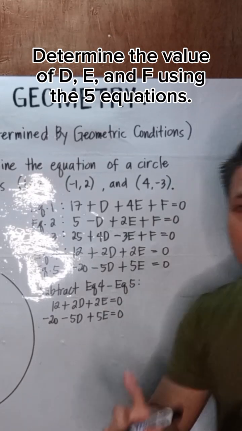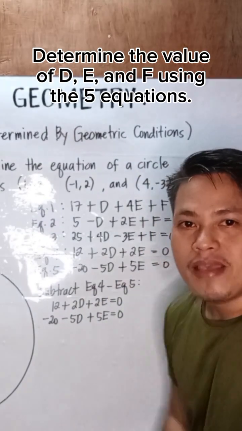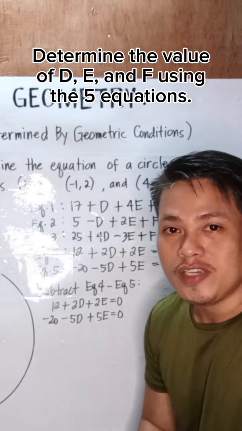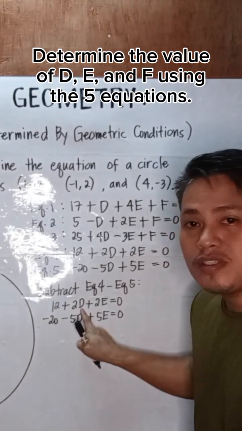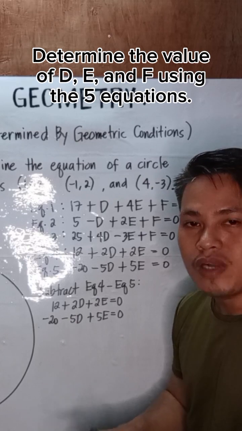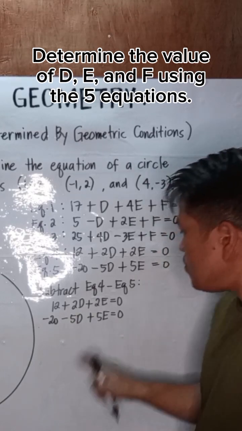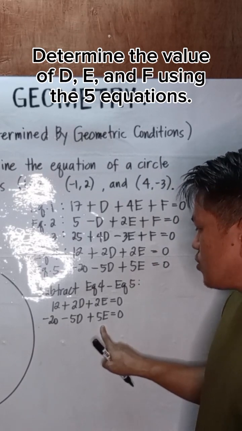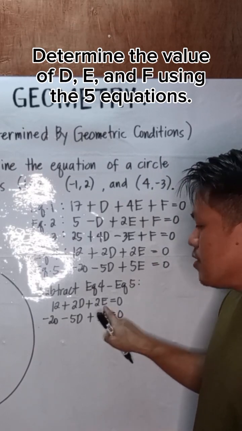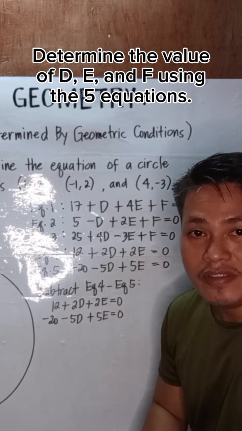Ayan. This time, bago tayo mag-subtract, dapat meron tayong same coefficient sa letter D or sa letter E. Mamimili tayo dyan kung alin ang gusto nating masubtract or makancel. Ang piliin natin, mas madali dyan, ay yung letter E. So, kailangan magpantay sila ng positive 10.